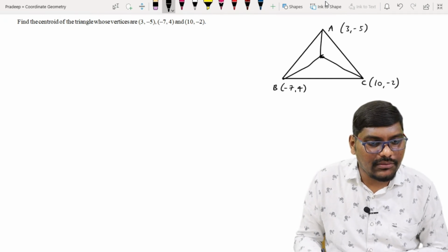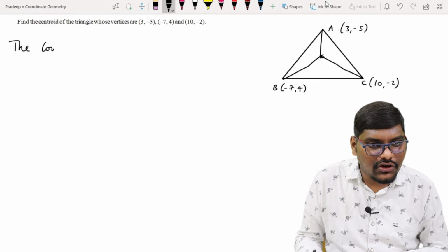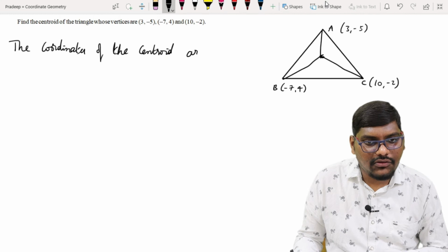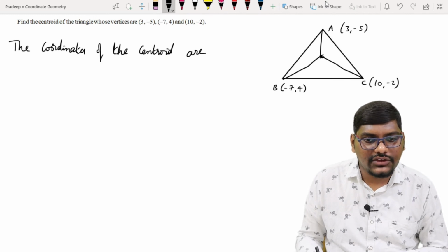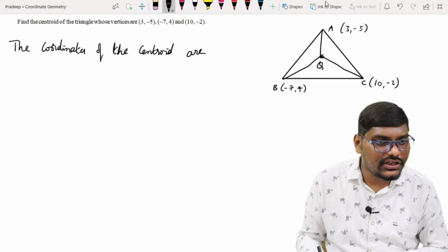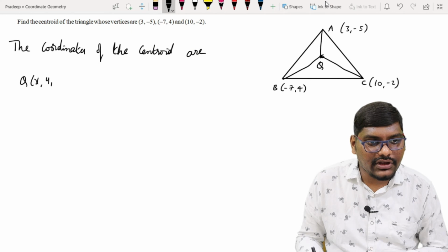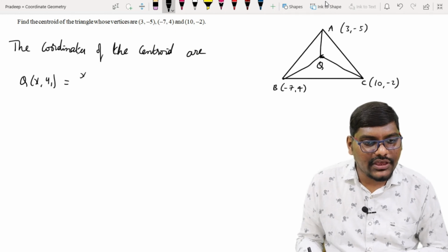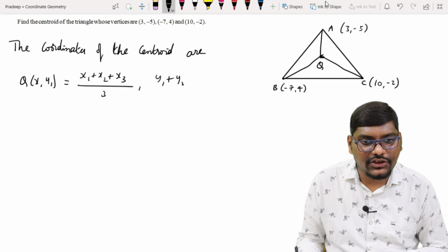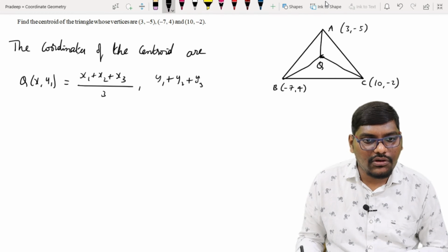So for that we have the formula. I can write the coordinates of the centroid are, what is the formula? Let's say this point is q, so I can write q(x1, y1) equal to, so the formula is (x1 plus x2 plus x3) whole by 3, comma (y1 plus y2 plus y3) whole by 3.